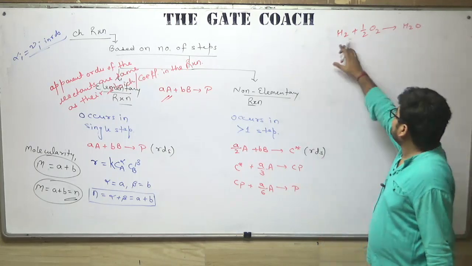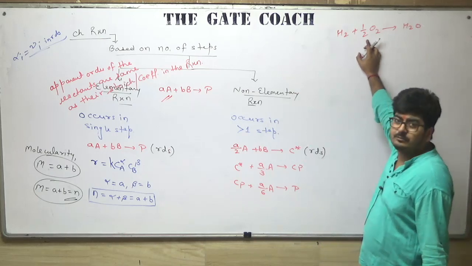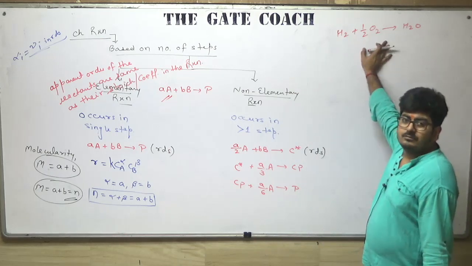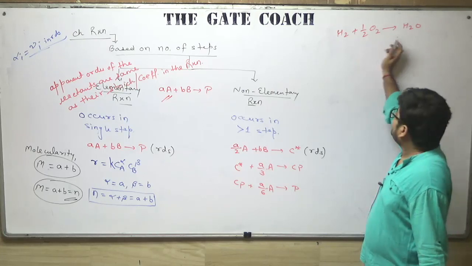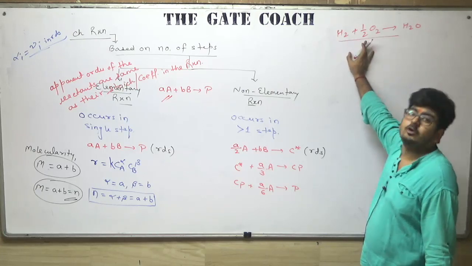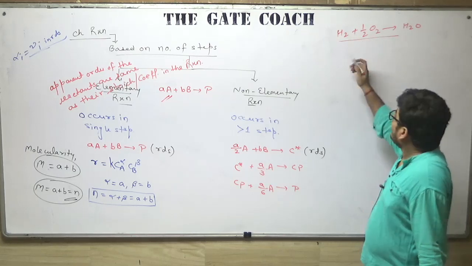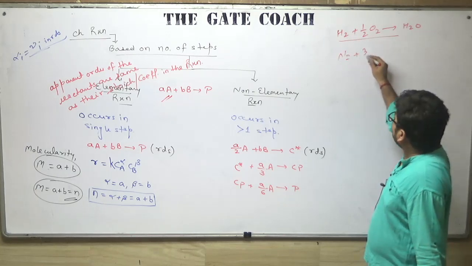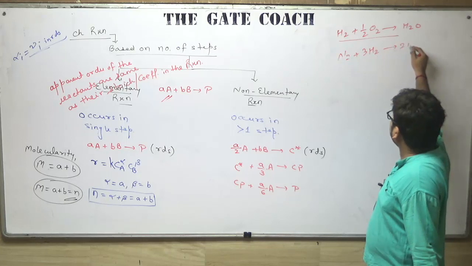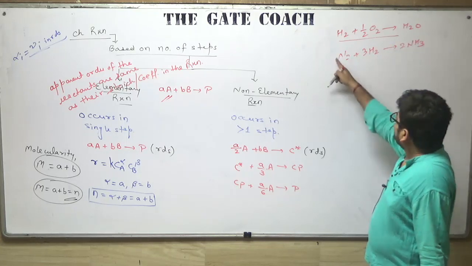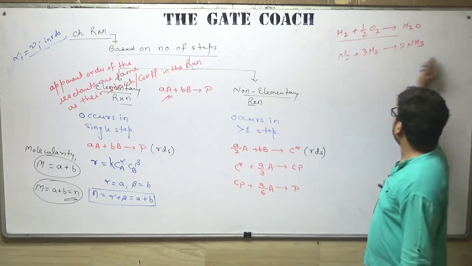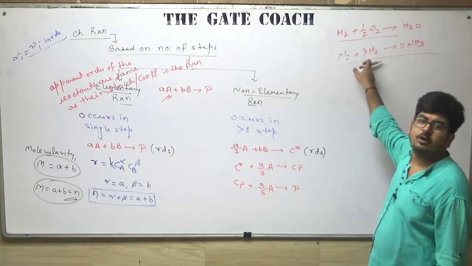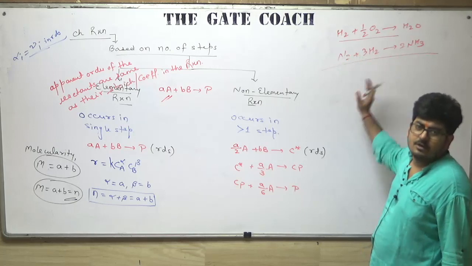Here you can see 1 plus 0.5, 1.5. Order of reaction and molecularity cannot be a fraction, so obviously this is a non-elementary reaction. Ammonia synthesis, N2 plus 3H2 gives 2NH3. 1 plus 3, 4. Molecularity cannot be 4, so definitely this is also a non-elementary reaction.